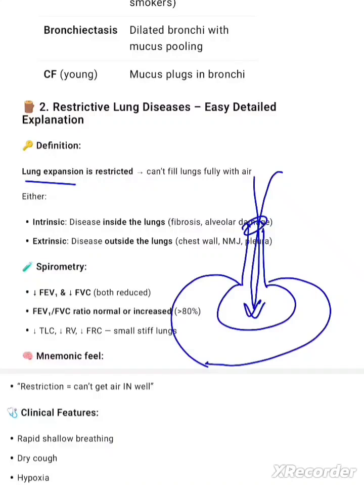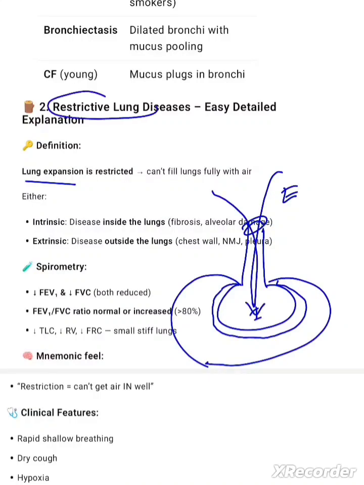But if the problem lies in the lungs or in the chest wall and the lungs expand just a little, this much, then there is no volume difference between the external environment and the internal environment, so the air cannot get in properly. So in restrictive lung disease the main problem is that lung expansion is restricted, so it can't fill the lungs fully with air. So this is the main problem.